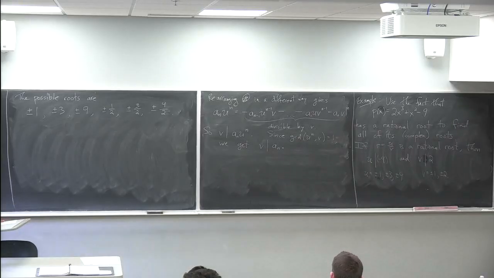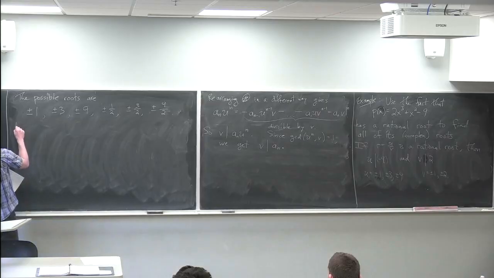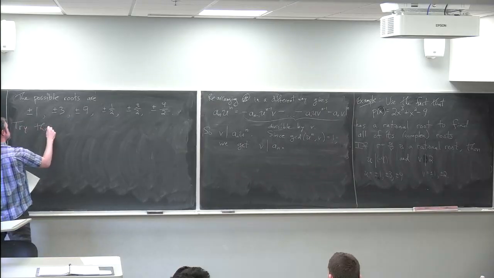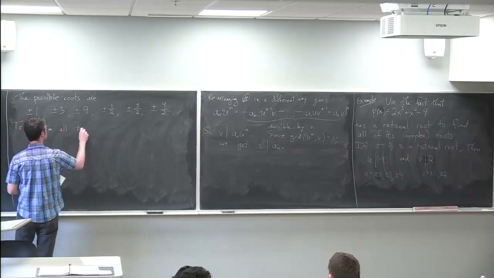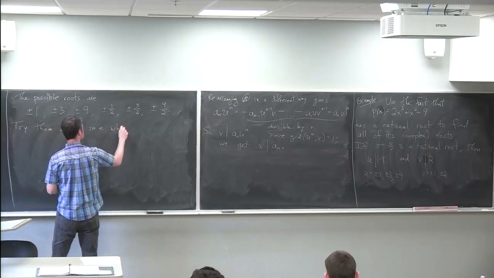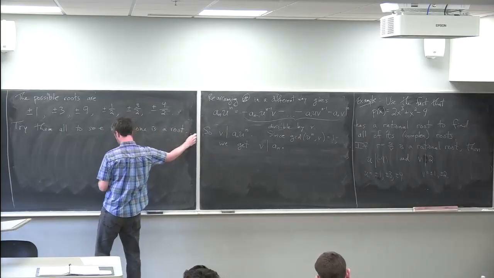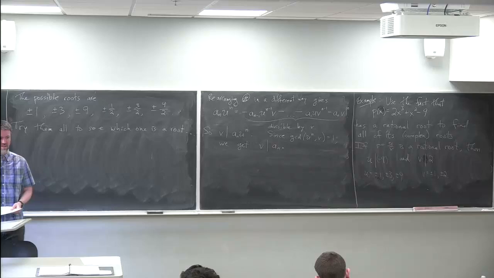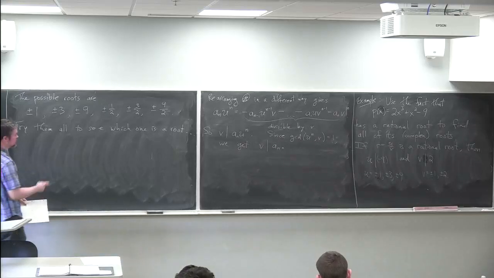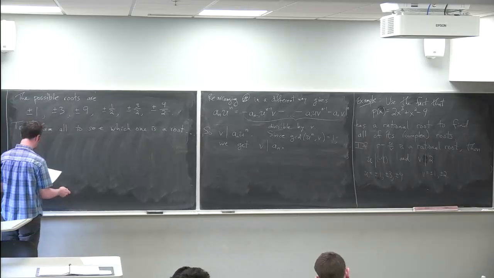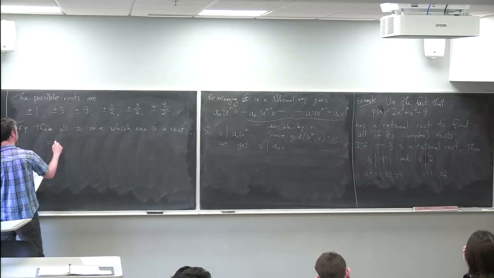What you can do, which is a little tedious, admittedly, if you're going to do it by hand, but it can be done, is just check them all and see which one is a root. So you could just try them all. I won't actually do it all, but what eventually you would find is that it turns out to be 3 halves.